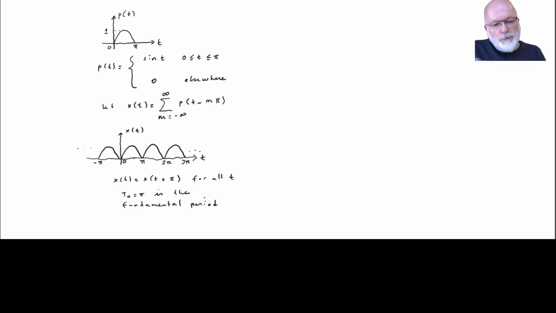Now, therefore, we are going to have the following Fourier series representation for x of t. It will be the sum over k running from minus infinity to plus infinity of a_k e to the j k omega 0 t. Now what is omega 0? Omega 0 is equal to 2 pi over T0, and the fundamental period T0 is equal to pi.